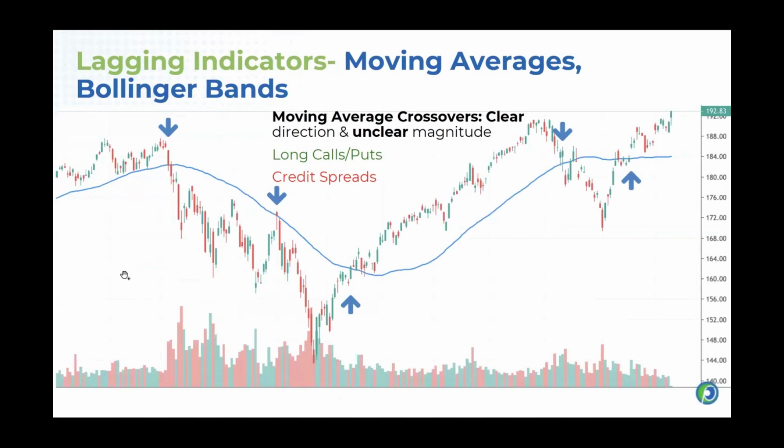A moving average can indicate your trend, and it can act as a means of supply and demand, or really support and resistance in this case. So meaning, we look at the slope of the line and we look at where the underlying security is relative to the line.